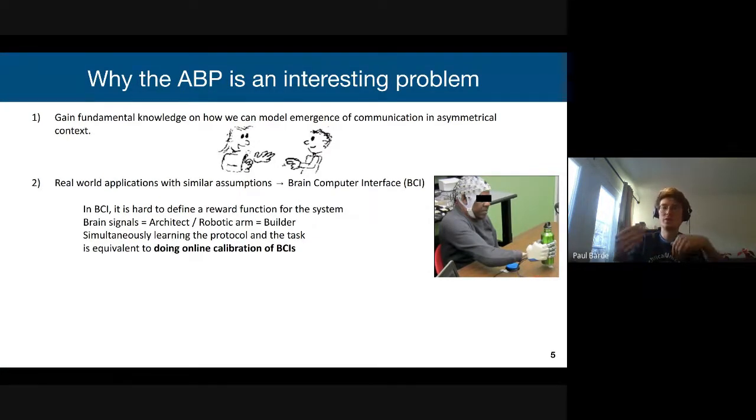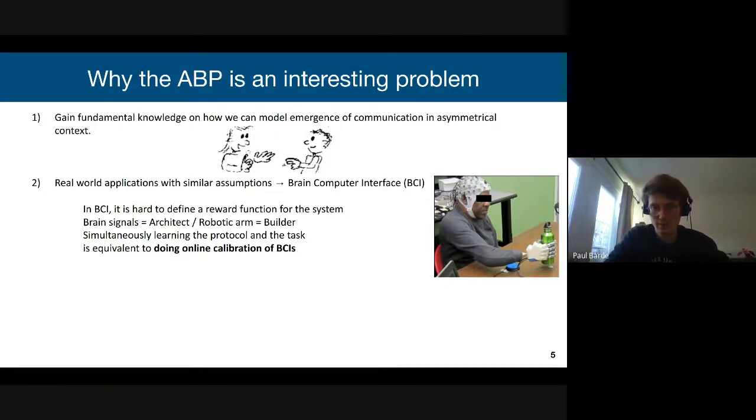This has to be figured out on the fly. That's what's called online calibration, right? And this is going to be a coevolution between the person using the arm and the arm. So you're going to send a signal that for you means the arm should go left, but actually the arm is going to understand this as going up. And then you have to adapt yourself and say, okay, when I do this, it's actually going up, so I can adapt to this. And the arm at the same time can reinforce this kind of association.